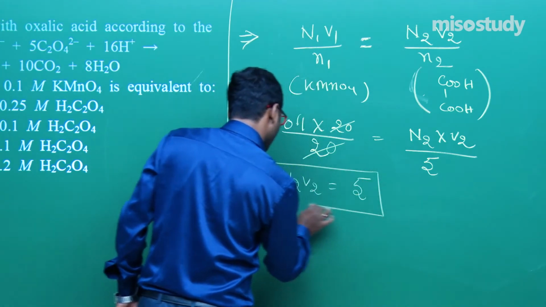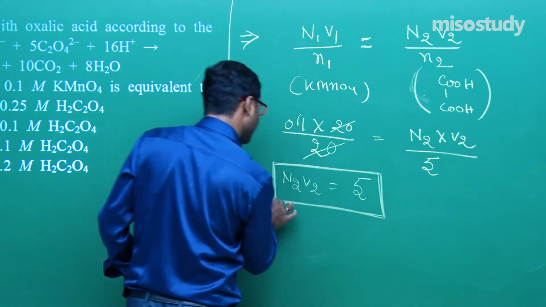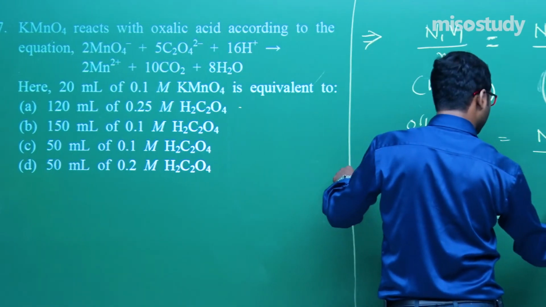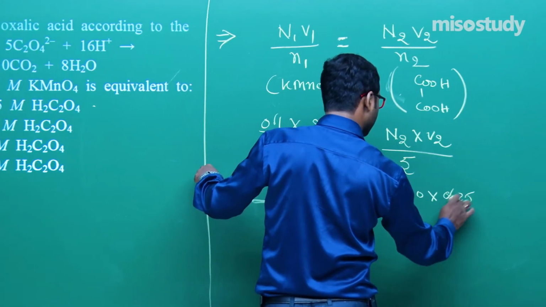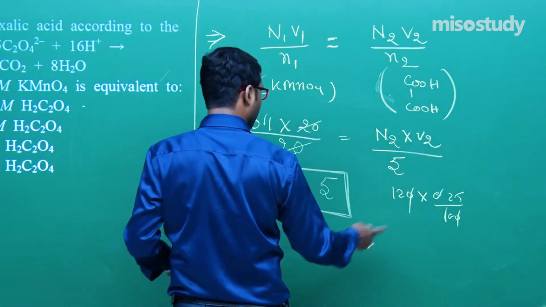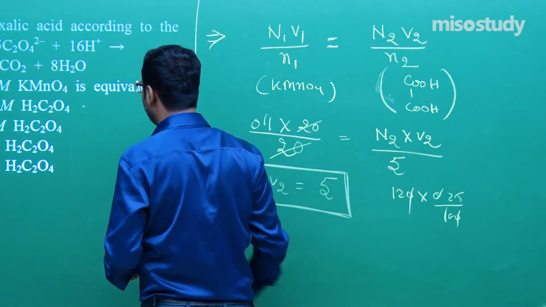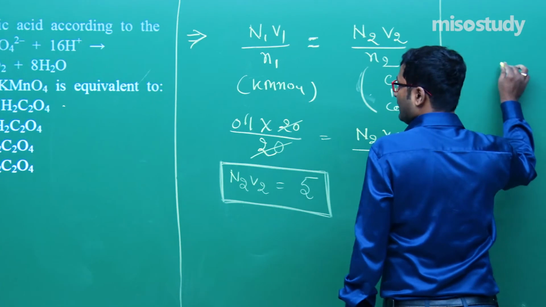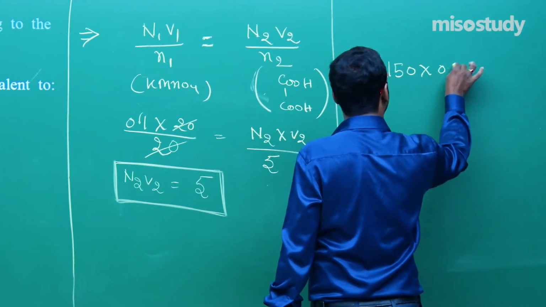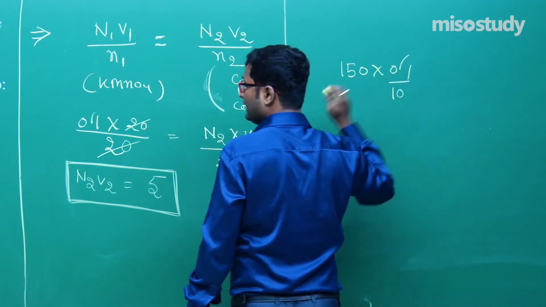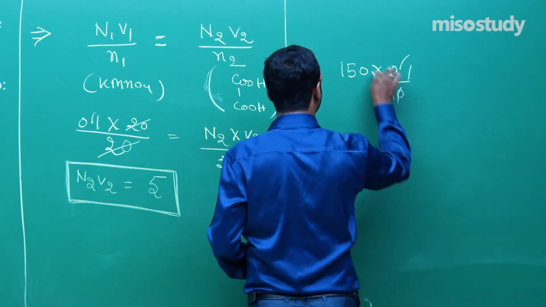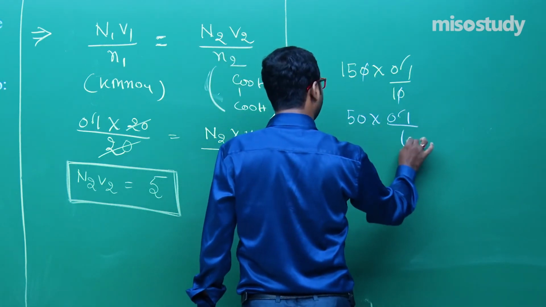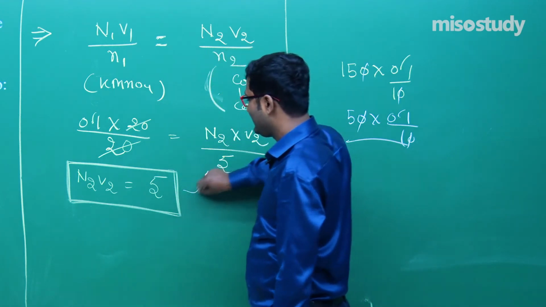Now in which case does the option satisfy N2V2 equal to 5? Check the first option, 120 into 0.25, that is 30, no, this will not give it. 150 and 0.1, check the next option. 150 multiplied by 0.1 comes to 15, no, this is not an option. 50 ml, 50 into 0.1, that is the C option.